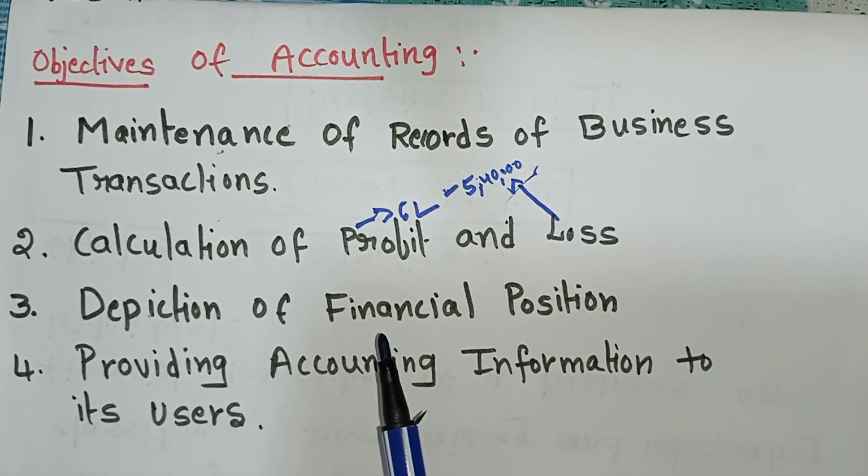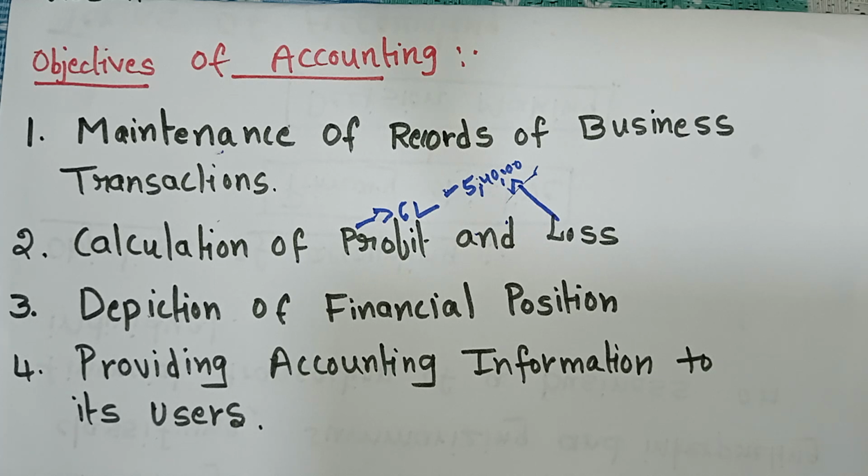And next we will move to the third point, that is depiction of financial position. What does it mean? Accounting also aims at ascertaining the financial position of the business concern in the form of its assets and liabilities at the end of every accounting period. Okay, I will explain.